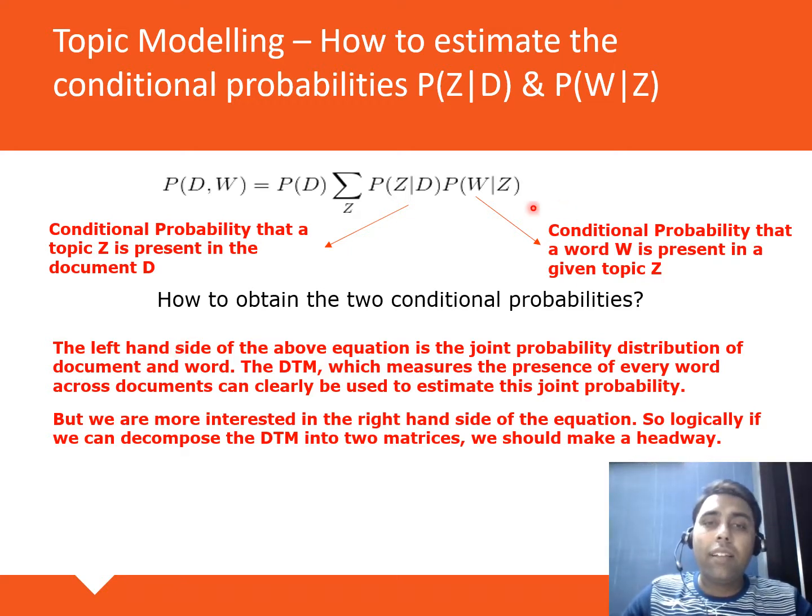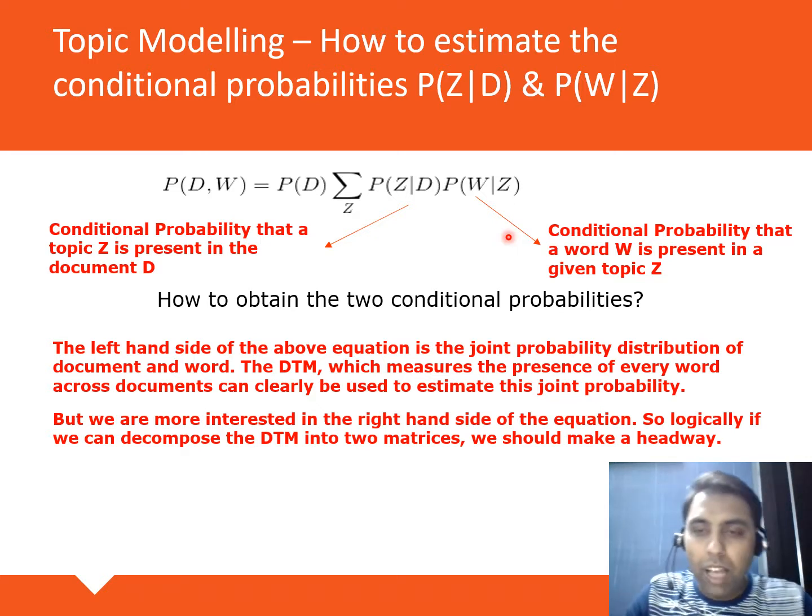And the right hand side has two sets of conditional probabilities which are of paramount importance to us, right? So intuitively speaking, if we can somehow decompose the document term matrix into a product of two matrices, then we should be able to make some headway, right?